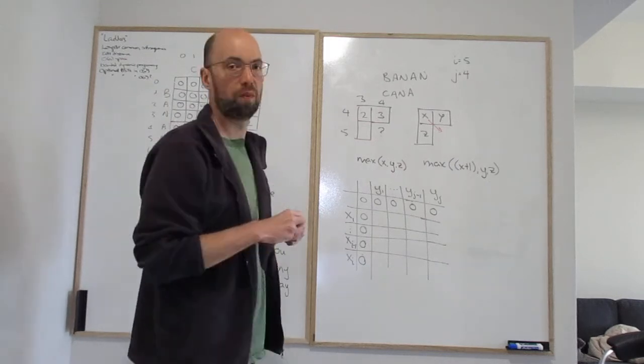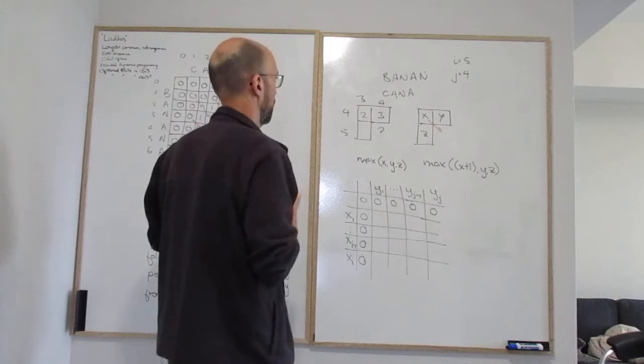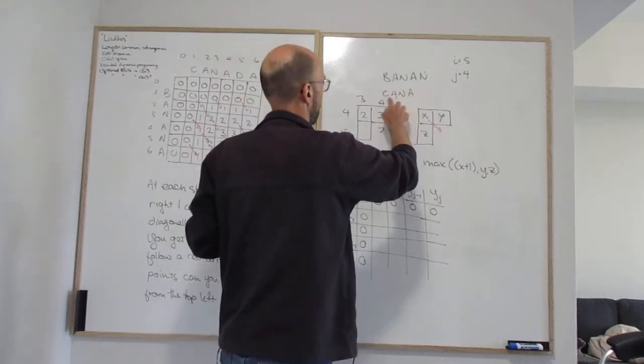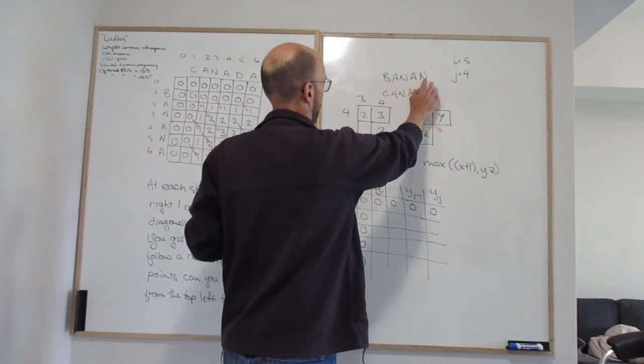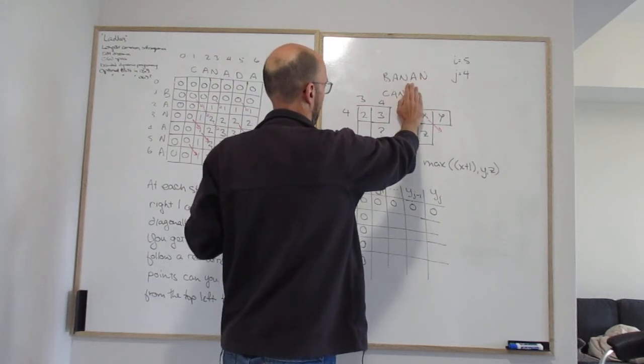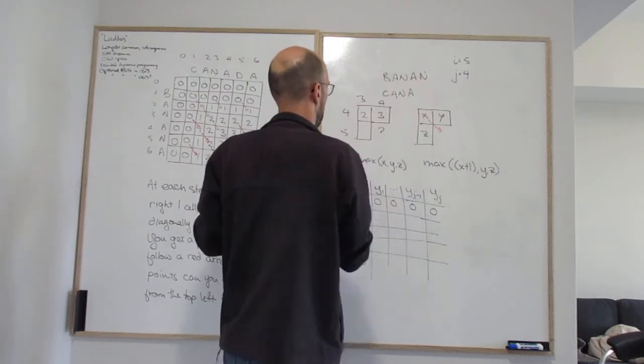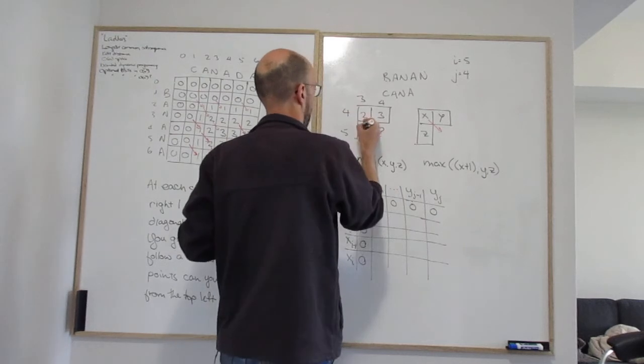It's still 2, right? Because banan, you can only get, so there's five characters here. Banan and kan, well, it's only A and N, so it's still 2.